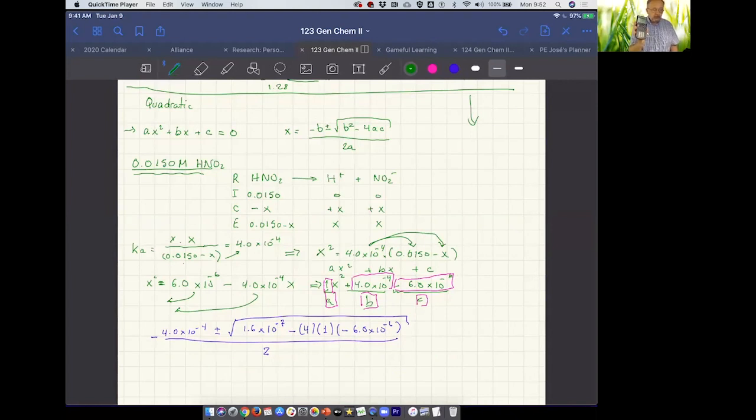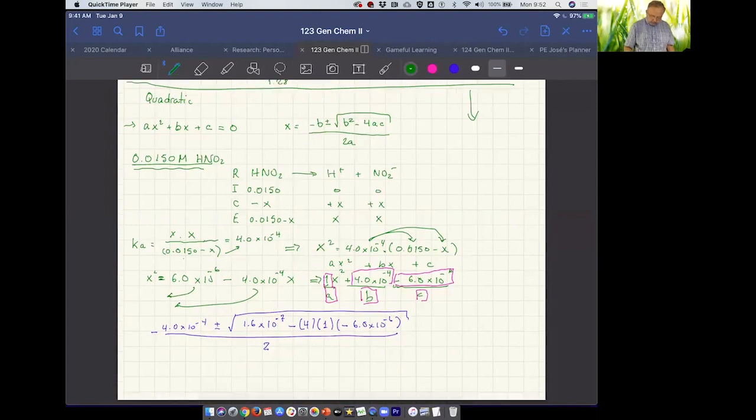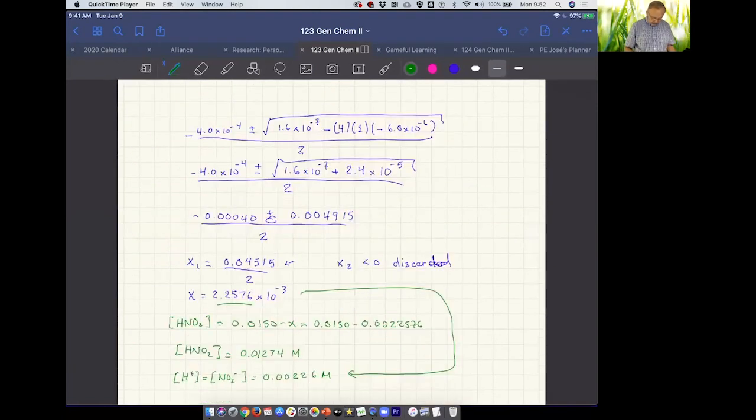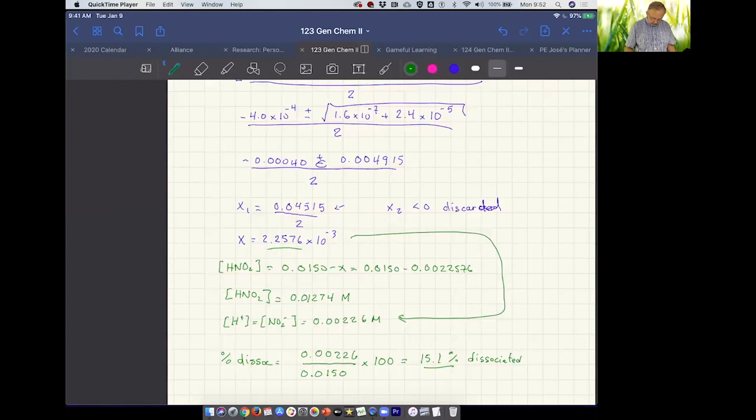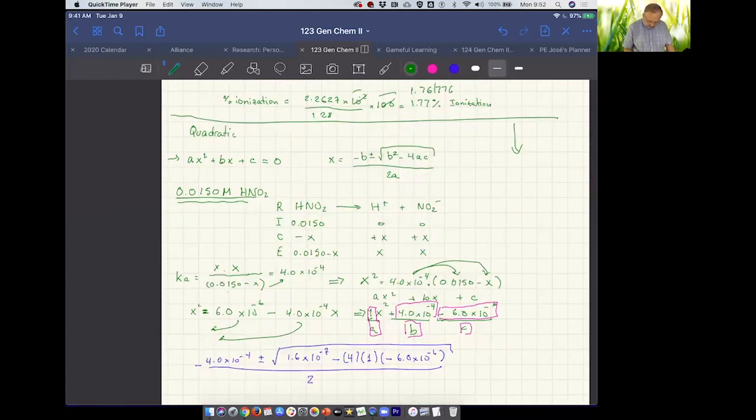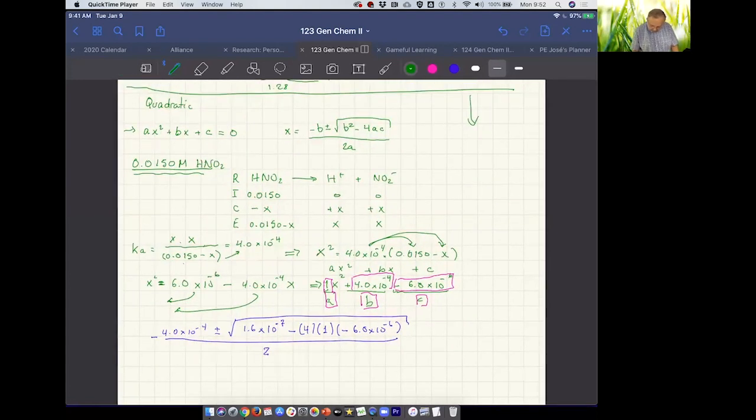So the only thing you have to do is figure out the equation up to this point here, and you enter the values A, B, and C in your calculator, and the solutions will appear.